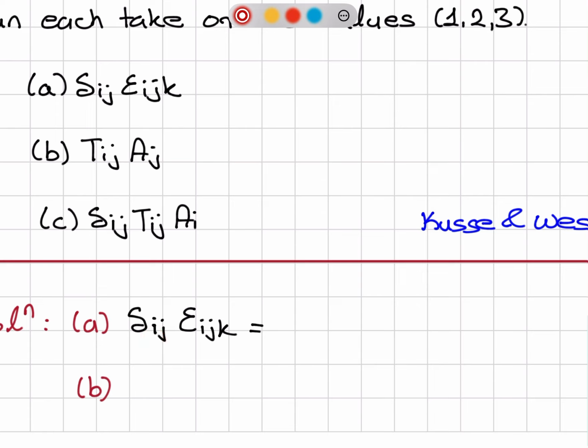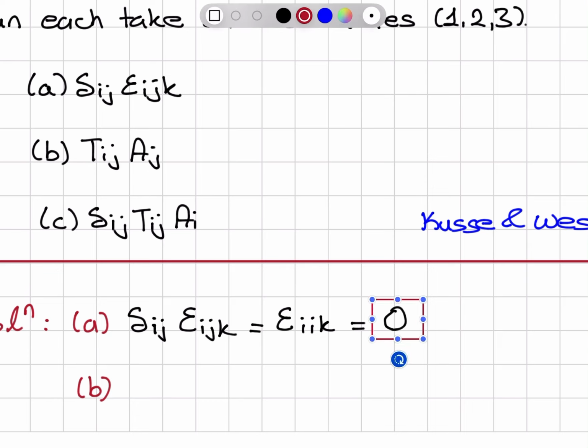So if i is equal to j, we will have epsilon iik, but we know that when two of the indices of the Levi-Civita symbol are equal, that means we will have 0. So our answer is 0 for this one.